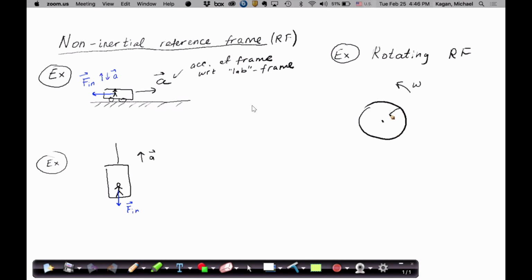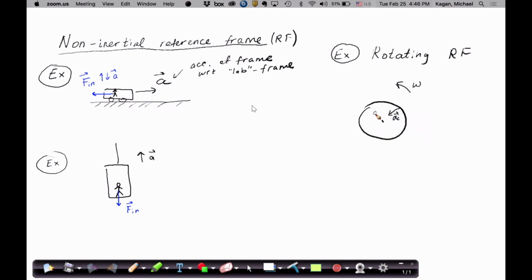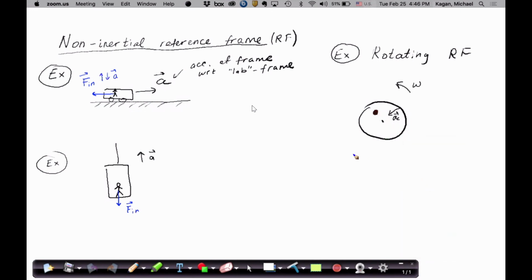So centripetal acceleration. But then if you have, let's say, a ball somewhere here, there will be a force, and now you can tell me which way the force will be acting.